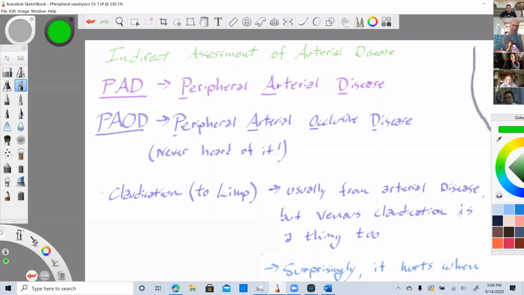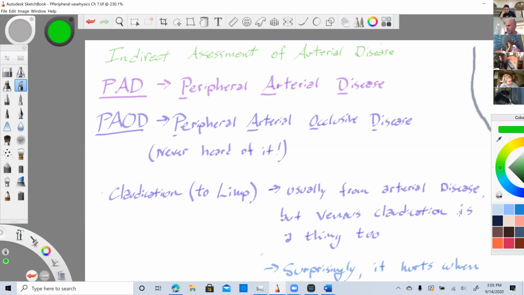So, indirect assessment, PAD, peripheral arterial disease. That's kind of the big one. You've probably seen commercials on that for PAD. That's just a catch-all phrase. For the most part, it's plaque. Most arterial disease throughout the body is plaque.